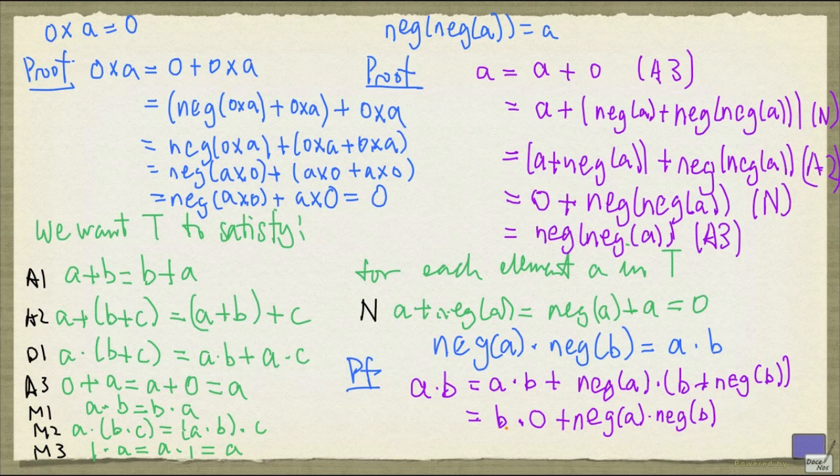Now B times 0 is the same as 0 times B by m1. But we have shown before that 0 times whatever is 0, so this is actually 0. And now with this, we can conclude that this is simply negation of A times negation of B, because 0 added to anything is that thing by rule A3.